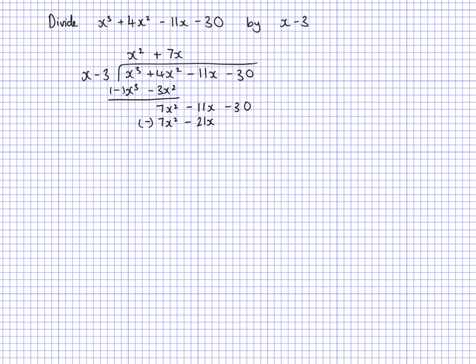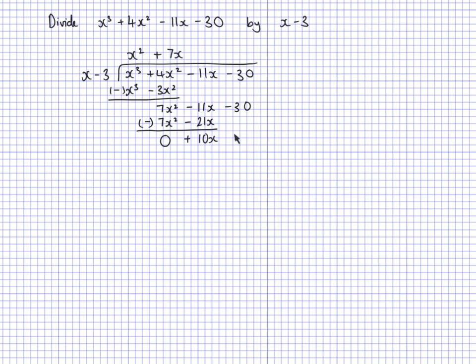So if I subtract this, these are the two terms that I'm worried about. 7x squared take away 7x squared is nothing. I'll actually put the 0 now. It's 0. And negative 11x take away negative 21x, so that will be adding 21x. So negative 11x add 21x is positive 10x.